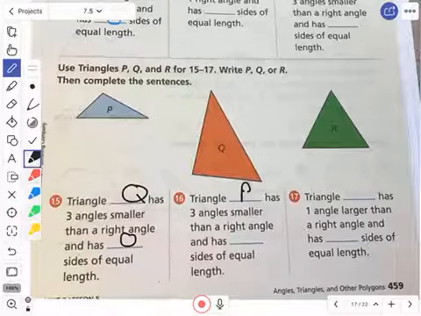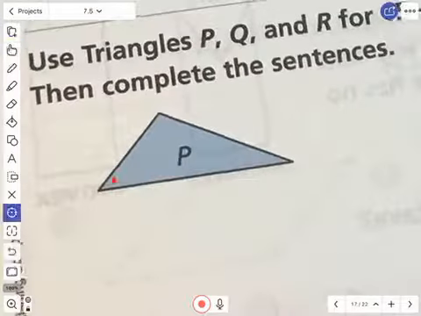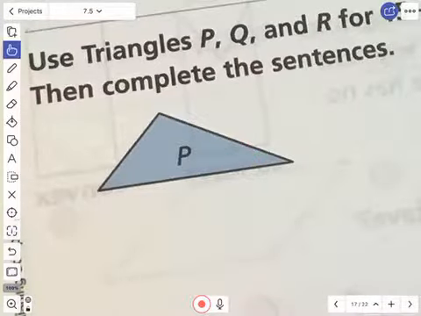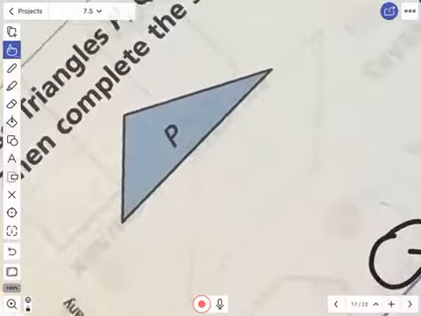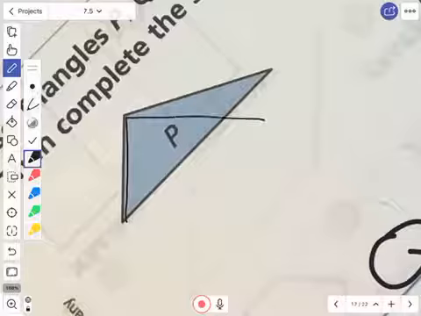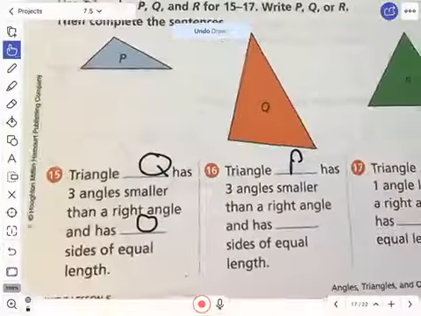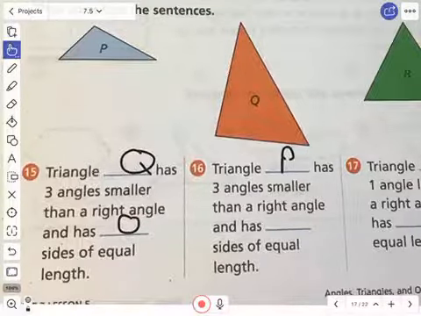Triangle P has 3 smaller. Because when I look right there, this angle's smaller, that angle's smaller, but when I look at that one, I can turn this. Oh yeah, look at that, is not smaller. Because that's 90 degrees right there. So that's larger than 90 degrees. Because this one says it has to have 3 angles smaller.